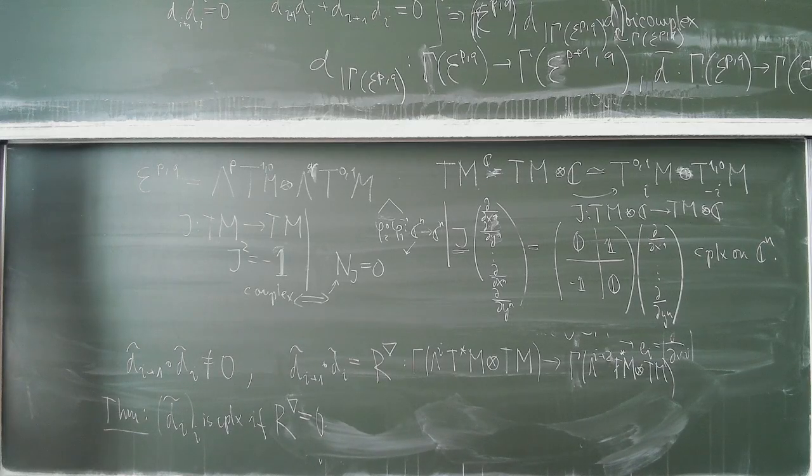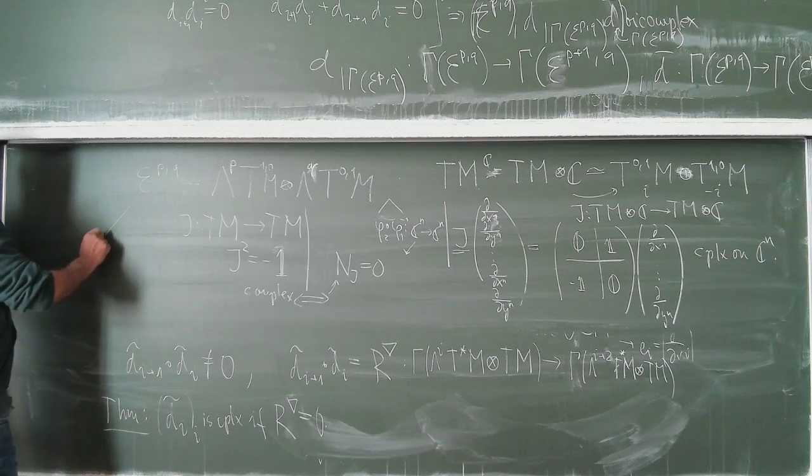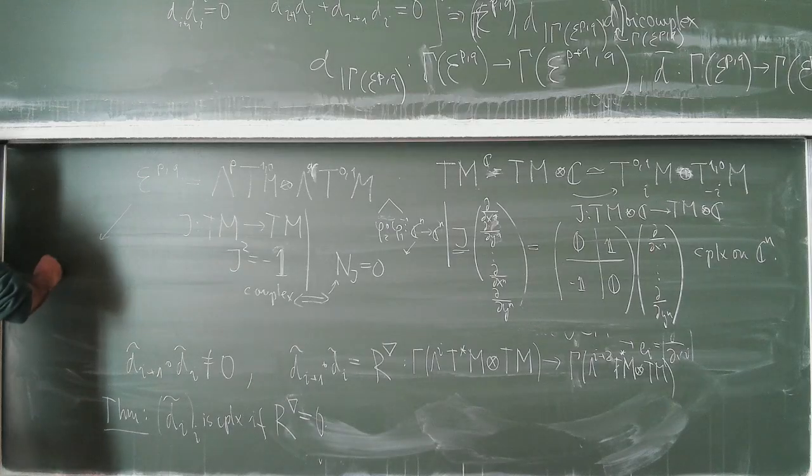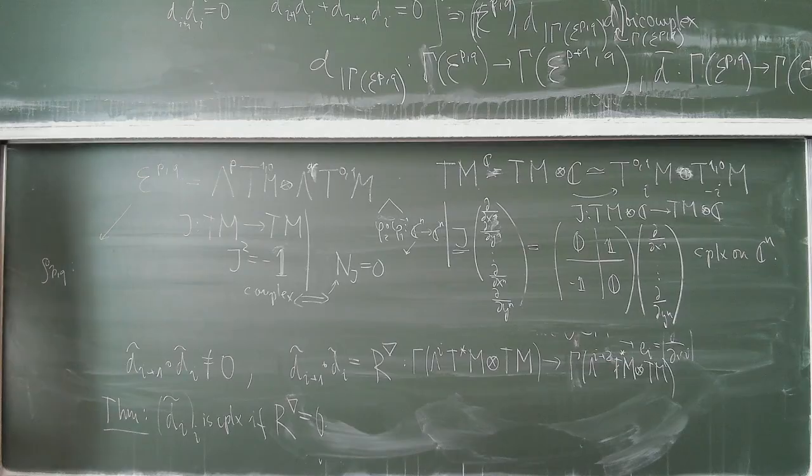Now we shall go back to this formula: p times holomorphic, q times anti-holomorphic forms on M. Can we view them as representations? Rho^{p,q} will be a representation of what?